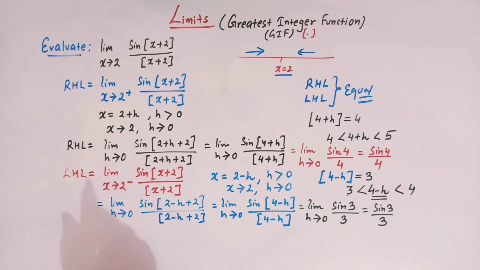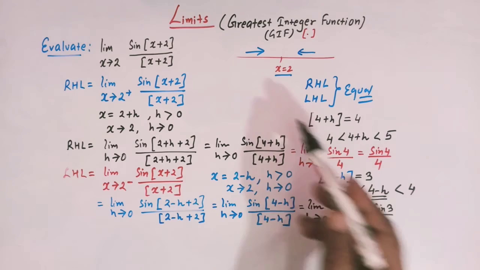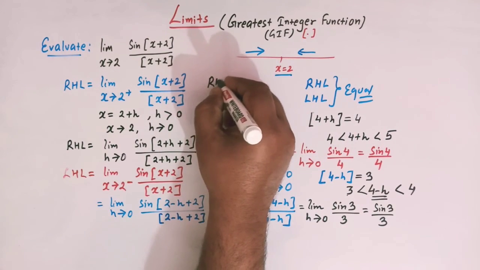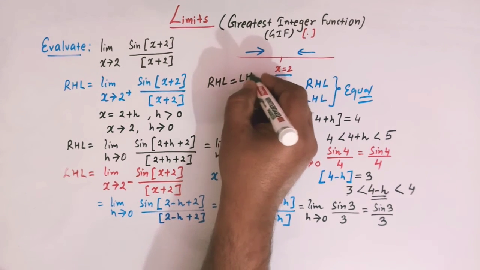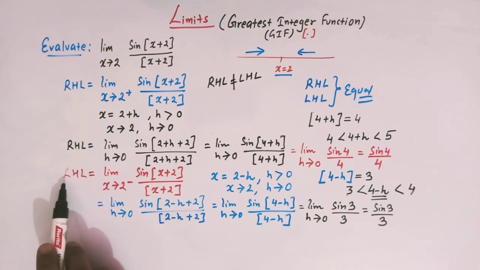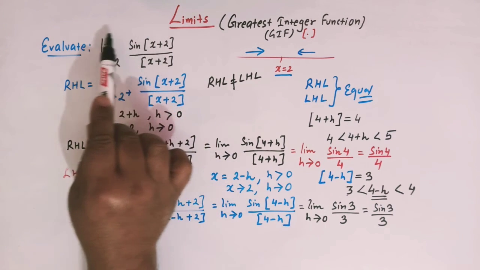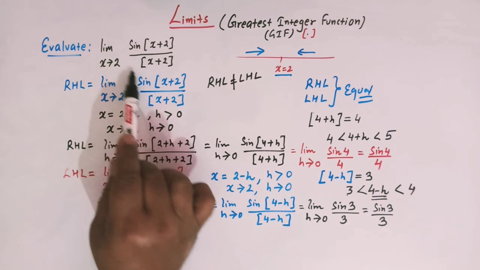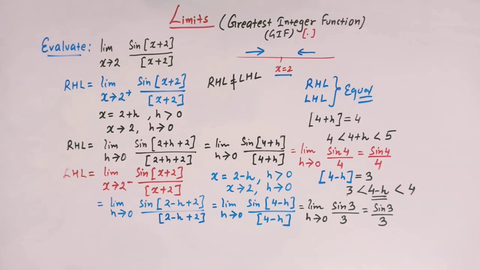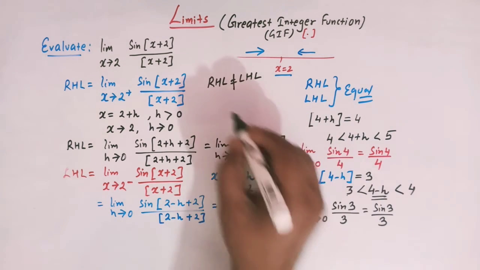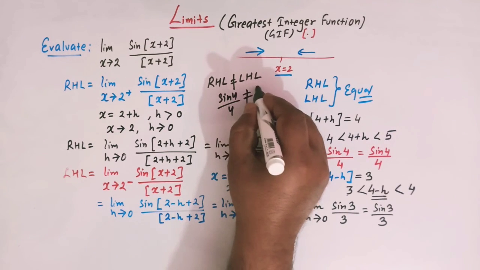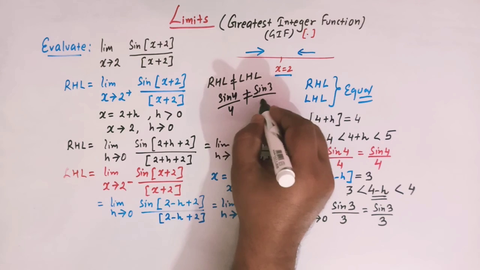So viewers, here we can clearly see that the right hand limit is not equal to the left hand limit. Therefore we can conclude that the limit of this function when x approaches 2 does not exist, because sin 4 over 4 is not equal to sin 3 over 3.